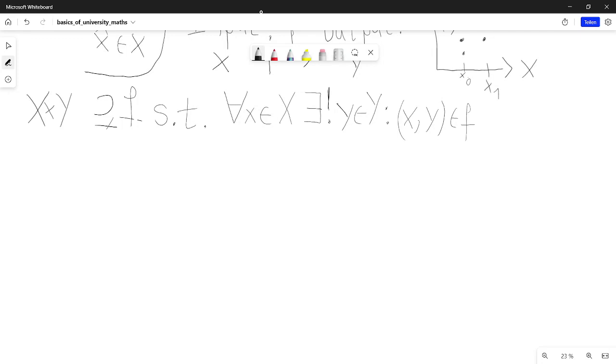More precisely, F is then, well, let's state an equivalent thing.